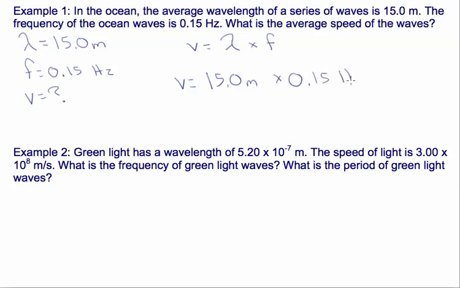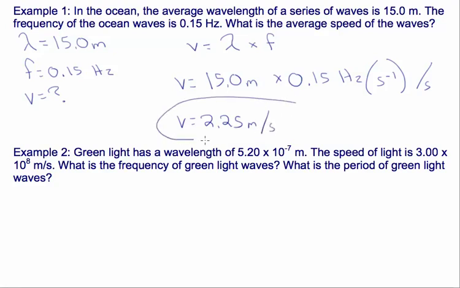And you might want to remember that hertz just means per second, or 1 over seconds, if that makes you happier. So when you do this math, you see that the velocity is 2.25 meters per second, which is the correct units for velocity.